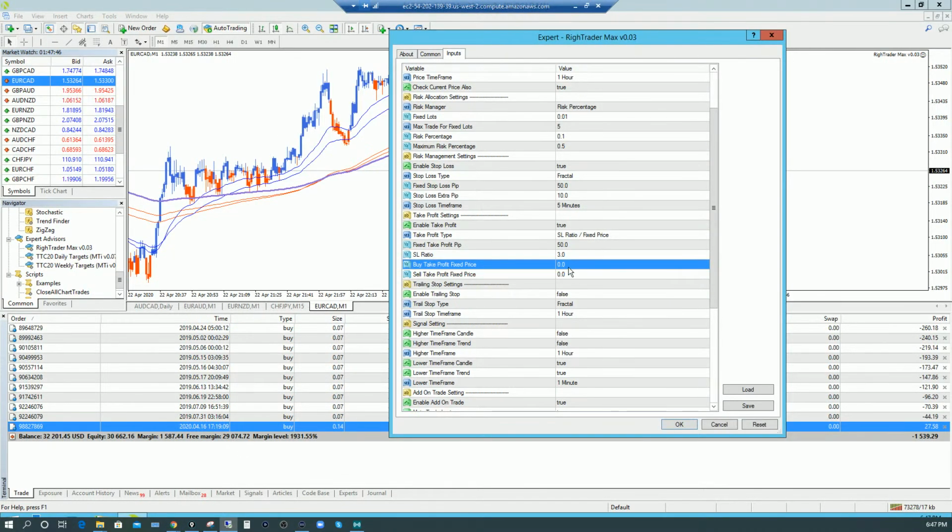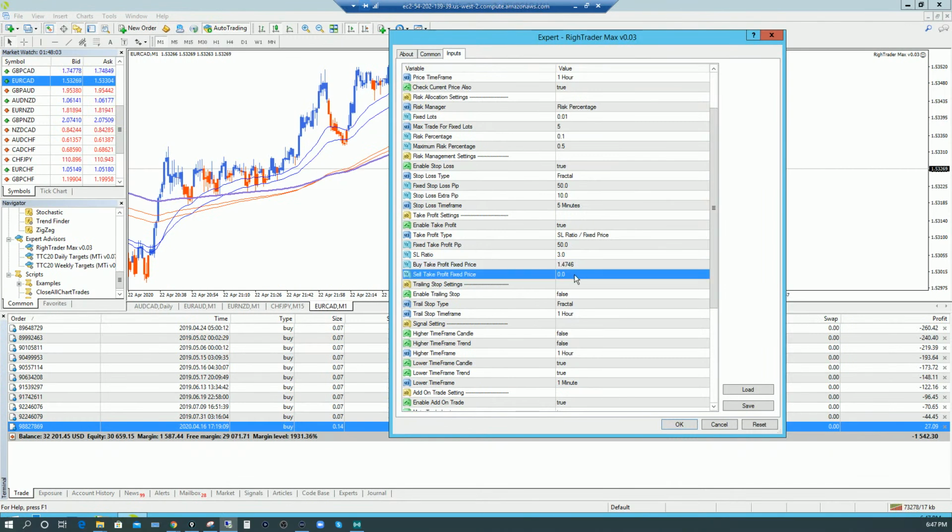47.36 right here. Let's go ahead and say take profit on the sell. 47.36. I'm going to go 47.46 just to give it a little bit of room to the upside. I've just placed it in the wrong place, so let's do this.